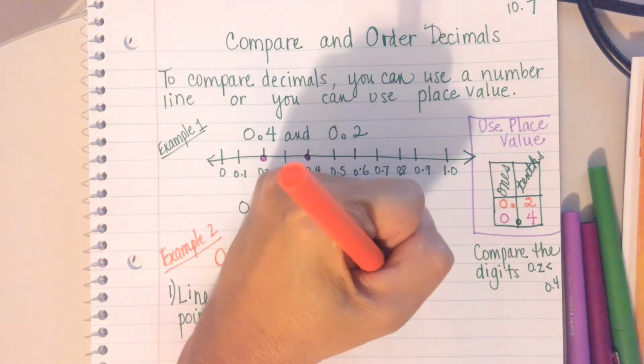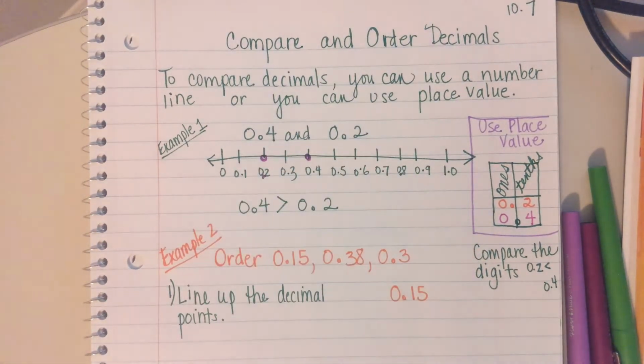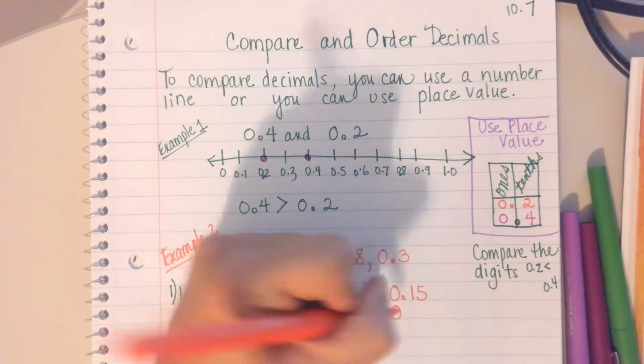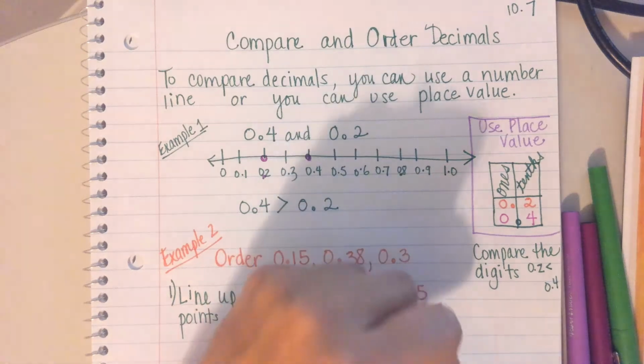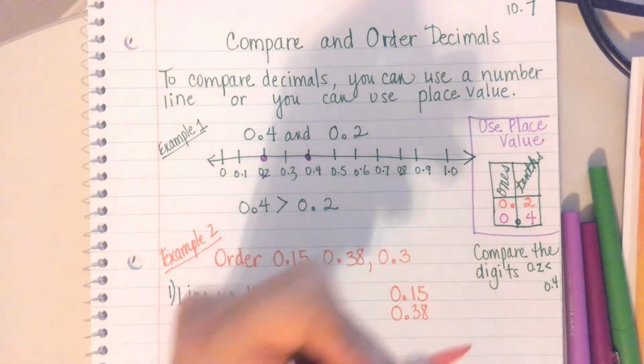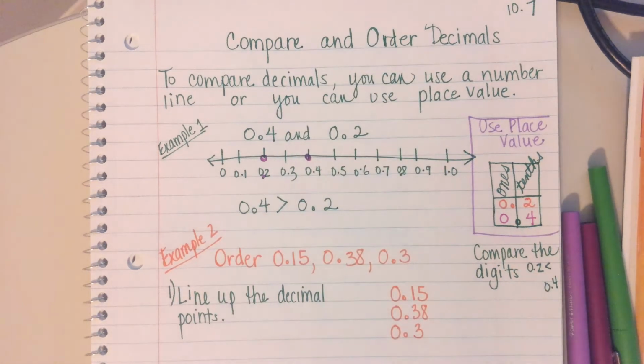And basically, I'm rewriting these numbers, but going vertically, and I'm lining up my decimals. That's step 1.